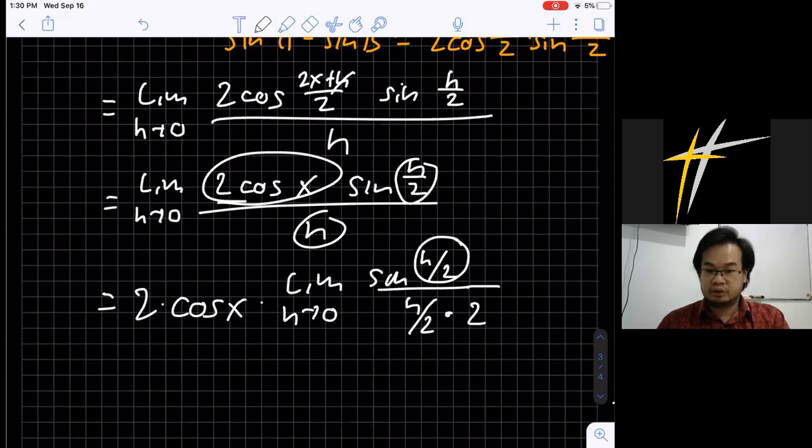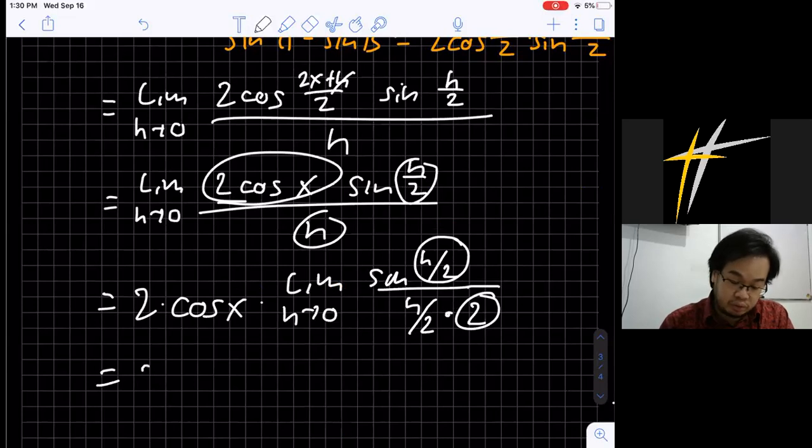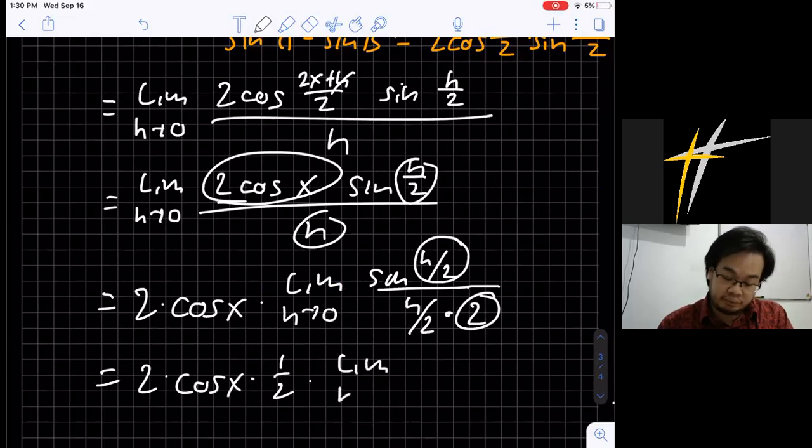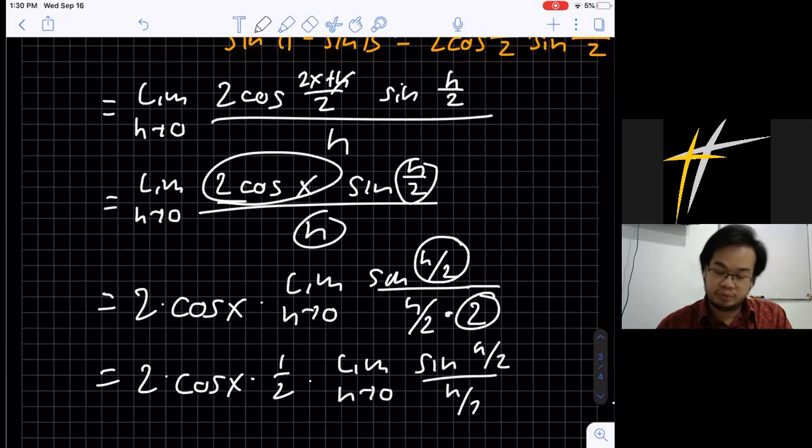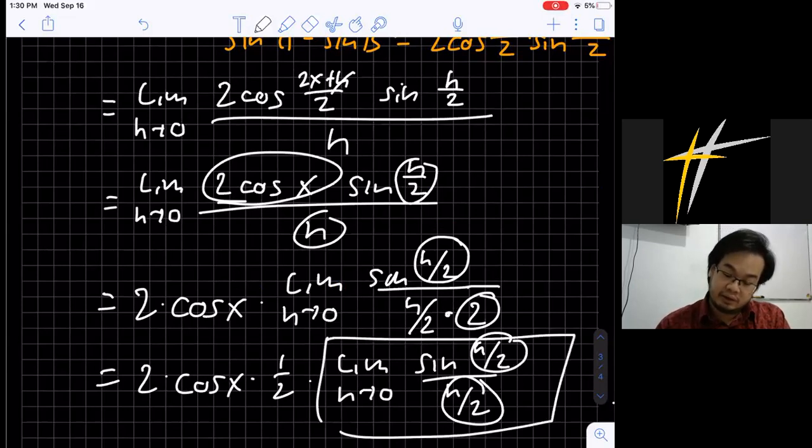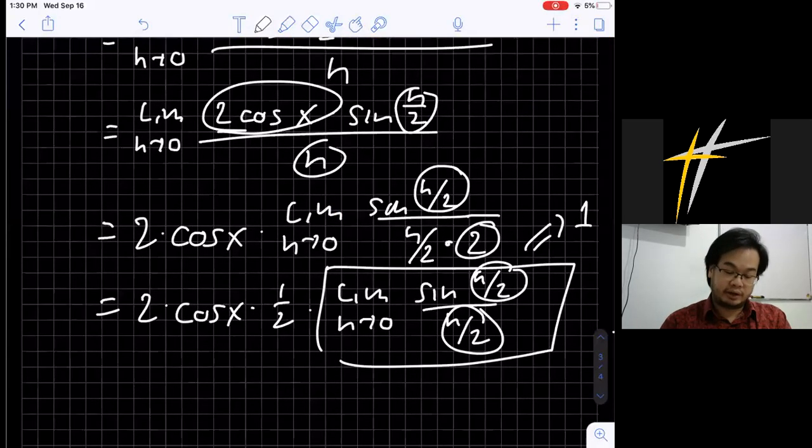So it is equal to 2 times cosine x times one half times the limit of h approaching 0 of sine of h over 2, over h over 2. Now the argument is the same, and it's sine 0 over 0, so the value of this limit is equal to 1. Cancel, cancel: cos x.